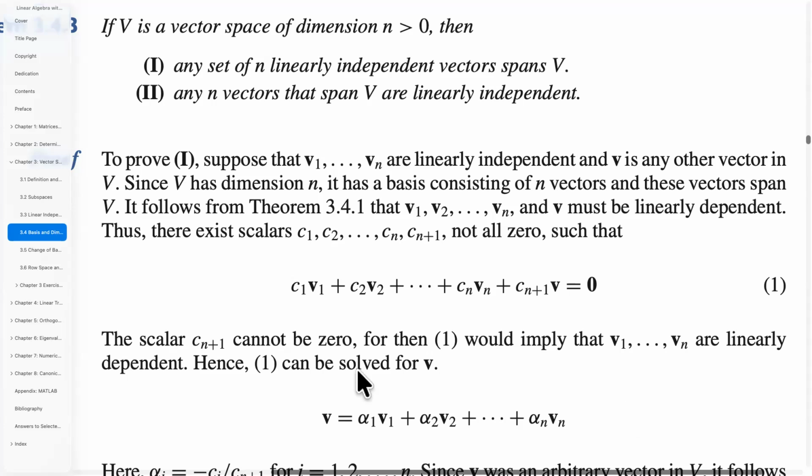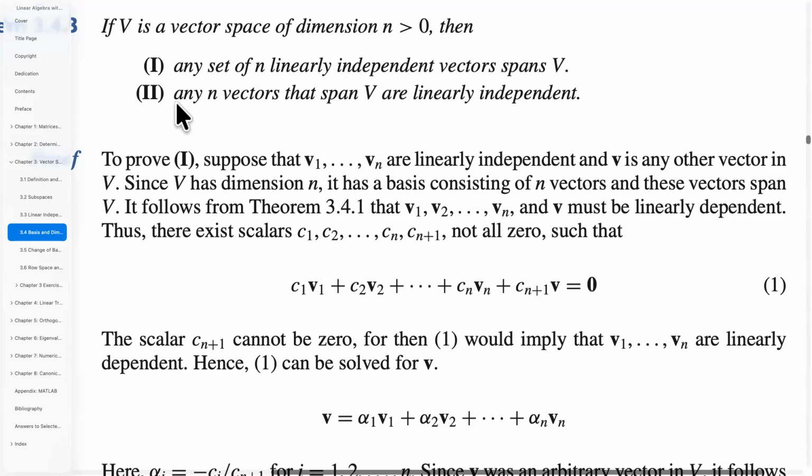Remember we arbitrarily selected a vector from the vector space V. So any vector in V can be spanned by V1 to Vn. So that's the first one.